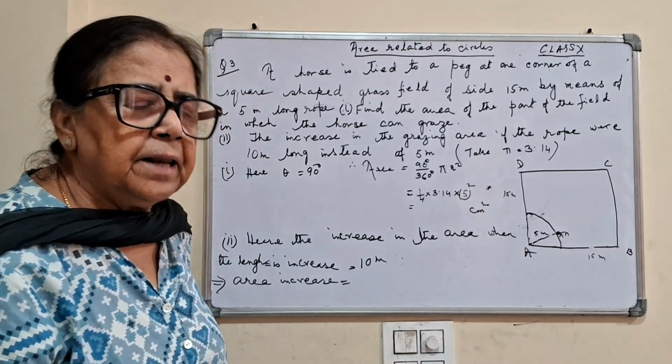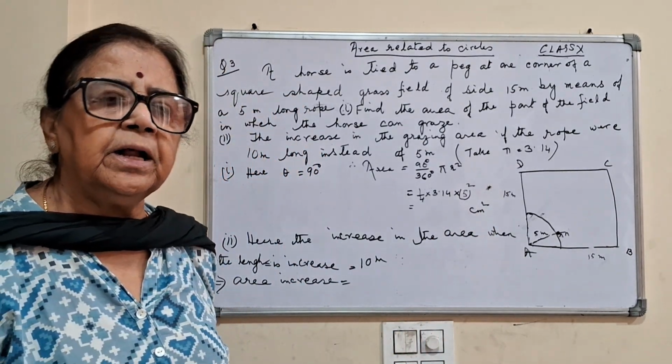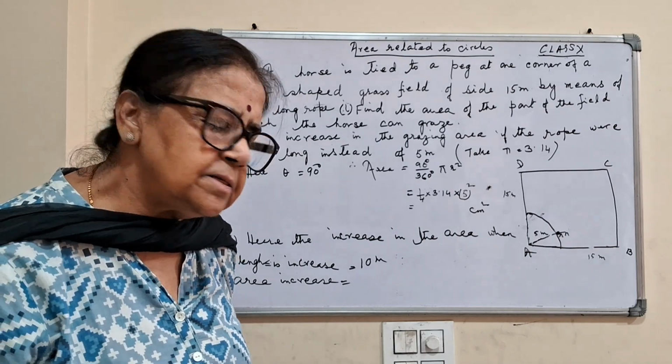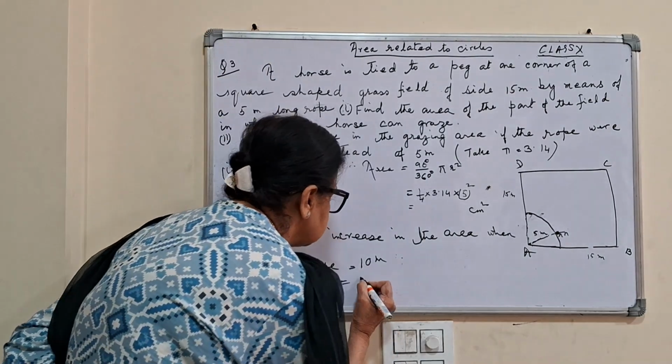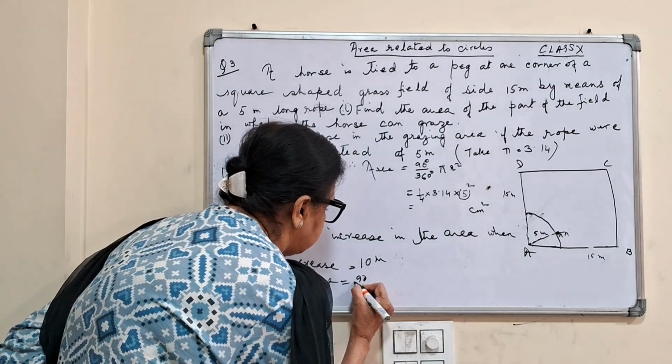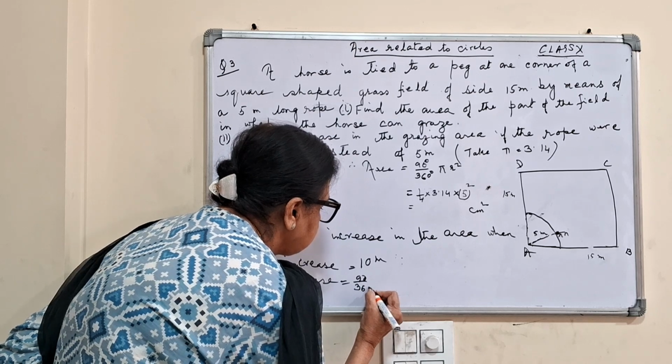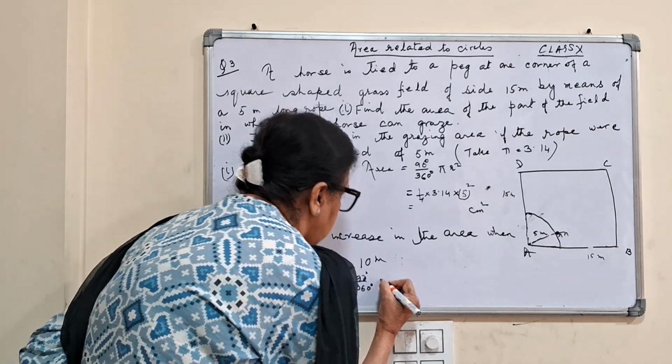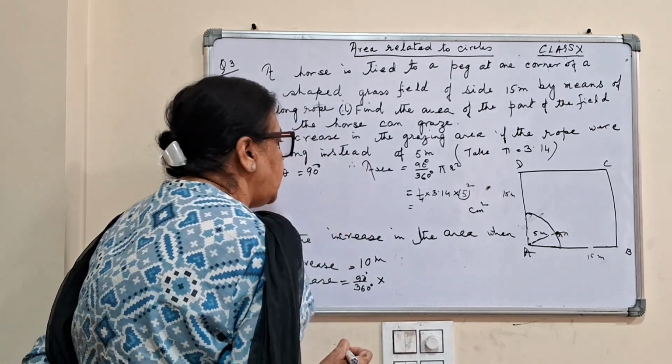It is already 90 degree. It is the same ground. Yes. Then it is 90 by 360 into pi r square.